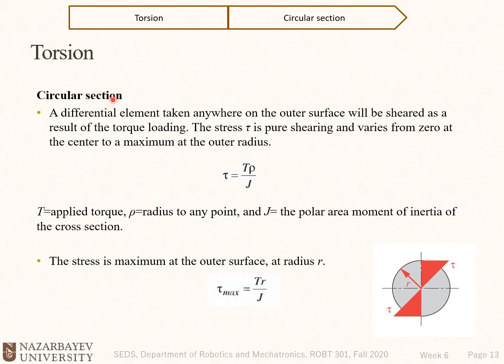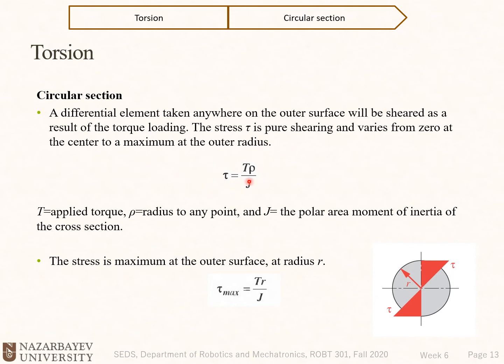Circular section. First, we'll discuss circular section and then we'll move on to other types of sections. A differential element taken anywhere on the outer surface will be sheared as a result of torque loading. The stress tau is pure shearing and varies from 0 at the center to a maximum at the outer radius.